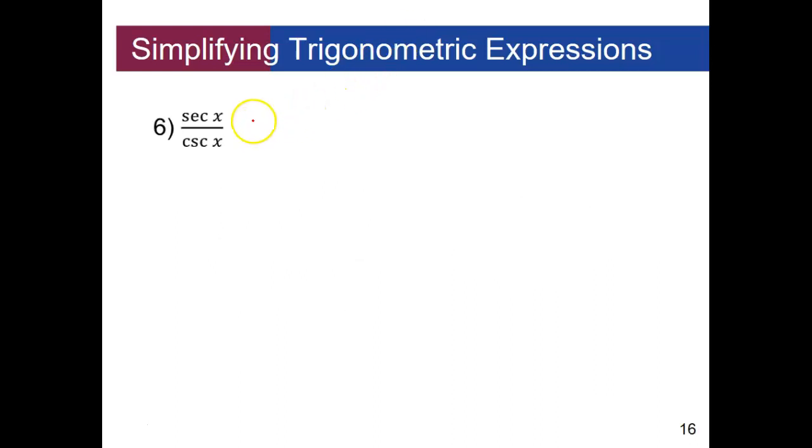Okay, here we have one that we're ready to simplify. On this one, we're going to go all the way back to sine and cosine again. I will say this, it takes practice for you to recognize what you want to do with these problems. So if you try one method and it looks like it's getting more complicated instead of less complicated, then scratch that, start over, and try a different method, because sometimes more than one method will get you to the place you need to go.